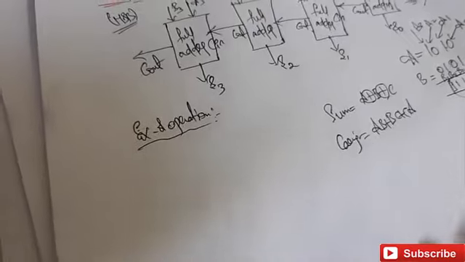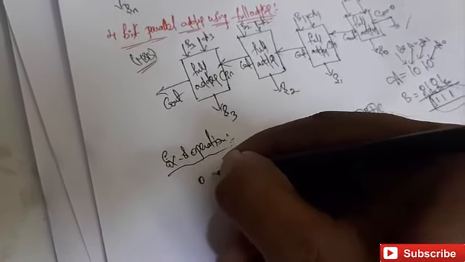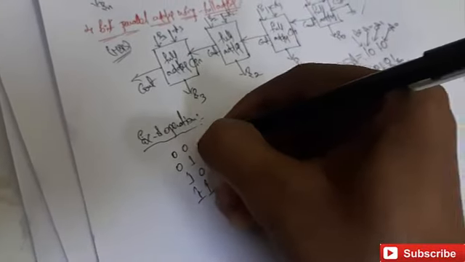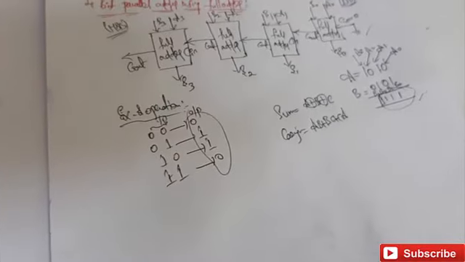You already know the truth table for XOR operation: 0 0 gives 0, 0 1 gives 1, 1 0 gives 1, 1 1 gives 0.